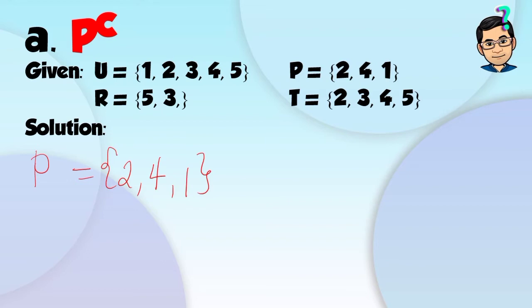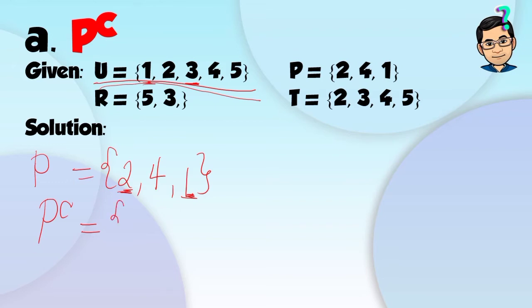And then, pag P complement na ang tinanong sa'yo, so, titignan natin yung mga elements ng universal set. Anong mga elements dito sa set U, sa universal set, ang wala sa set P? Okay. So, check natin. Yung 1, nandyan siya. Okay. Yung 2, nandyan. And then, yung 3, okay. So, yung 3, wala po siya sa set P.